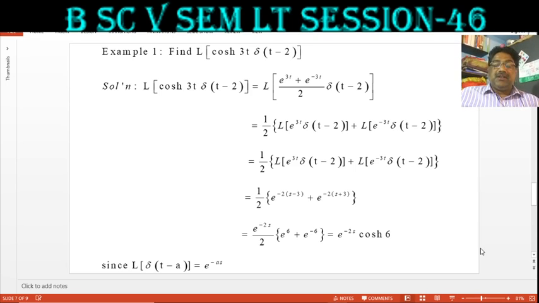That is why it is e raised to minus 2 times s plus 3. Now we can take e raised to minus 2s common, divided by 2, e raised to 6 plus e raised to minus 6, that is equal to e raised to minus 2s into cos hyperbolic 6.